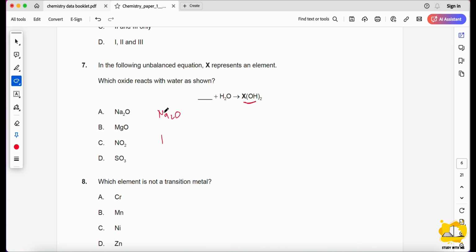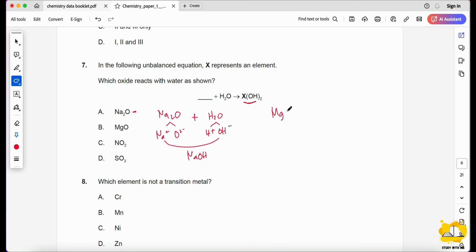For Na2O, if we break it down, it is Na plus and O2 minus. If it reacts with H2O, it will be H plus and OH minus. So Na with OH will be NaOH. So this is not the answer.